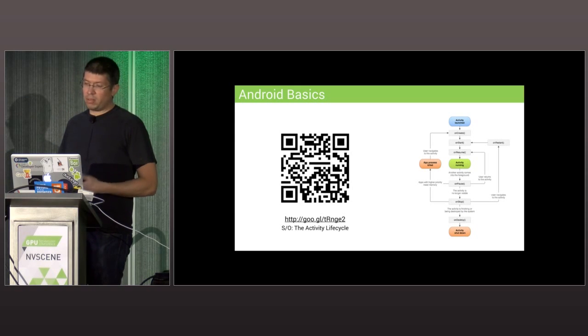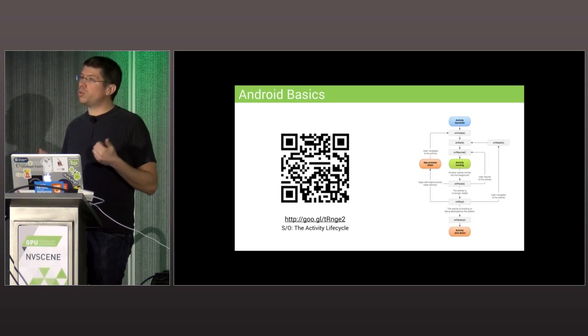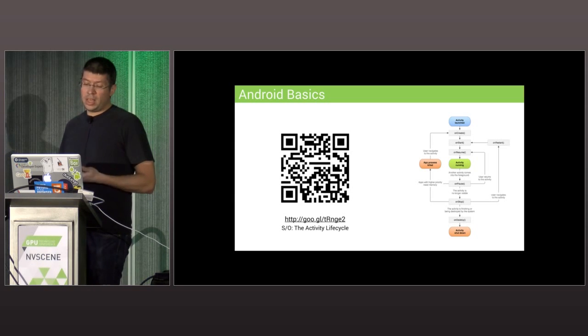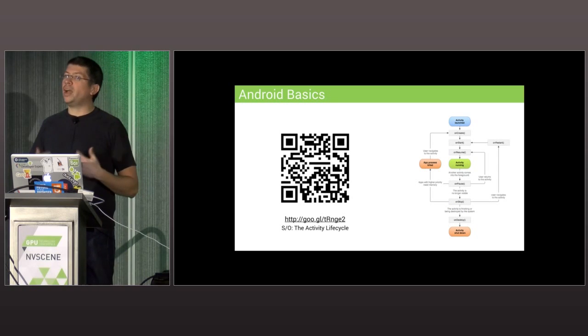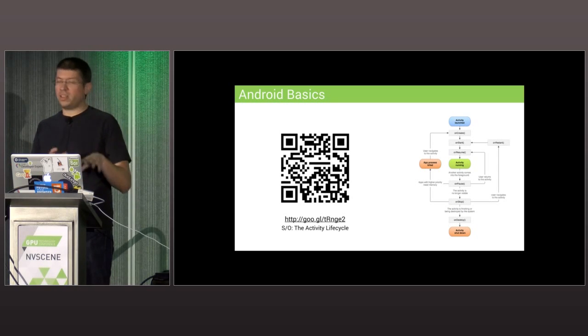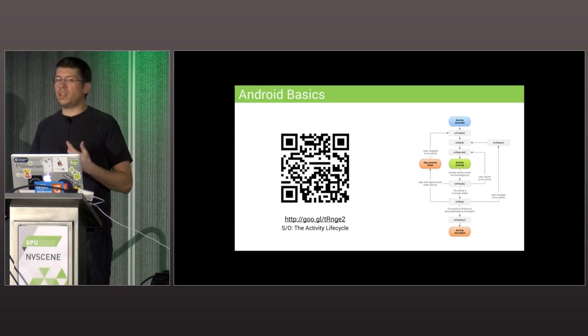You might set up a GL surface, the user takes a call and doesn't come back to your demo or game for a few minutes or even hours, and when they come back you don't have that context anymore. So you need to reinitialize the context of your app sometimes, and if you're not aware of this, you're going to get crashes. That's why the diagram is up there. The slide points not to the official docs but to a Stack Overflow post, where I think they do a good job of explaining it for people new to the platform. So you might want to check that out.